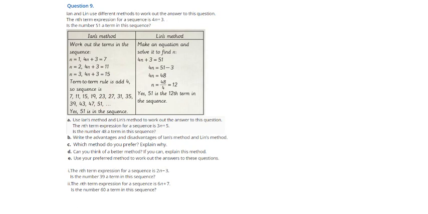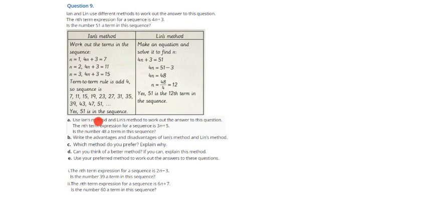Now here we have two methods, one by substituting different values for n and one by equating the given expression with a number which is a term of the sequence.